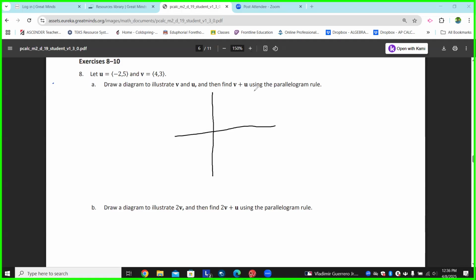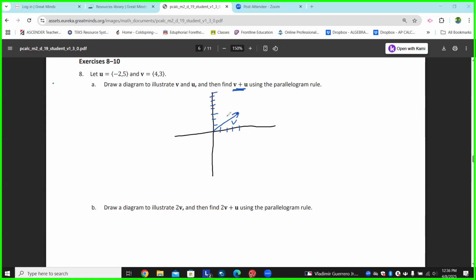All right. So if I'm looking for V plus U, I need to first graph V. So from the origin, I'll go over 1, 2, 3, 4, up 1, 2, 3. So here is my V. And then I'll graph U at the end of V. So now I'm going to go left 2, so 1, 2, and then up 5, so that's 1, 2, 3, 4, 5.